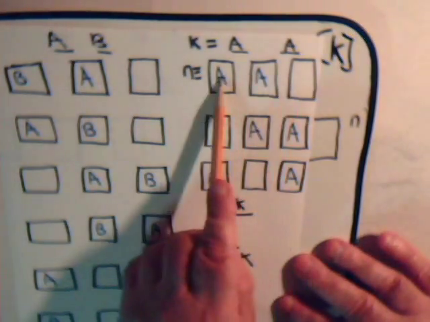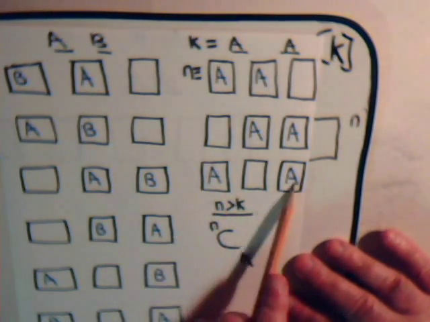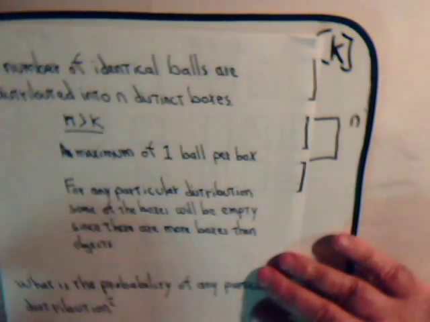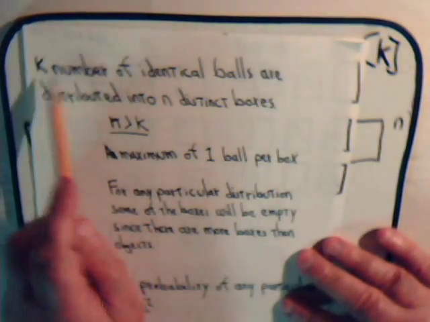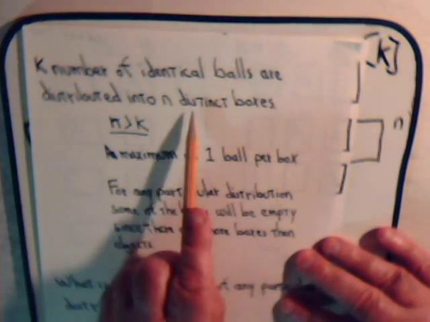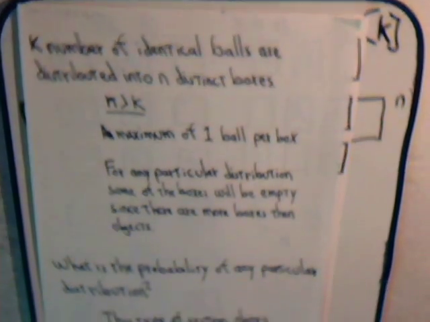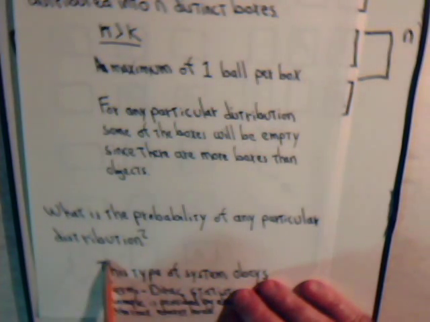Also, let's consider this. This is a particular distribution. This is a particular distribution. This is a particular distribution. Now, our problem was, if we have k identical objects to put into n distinct boxes, one object in each box, what is the probability of any particular distribution?